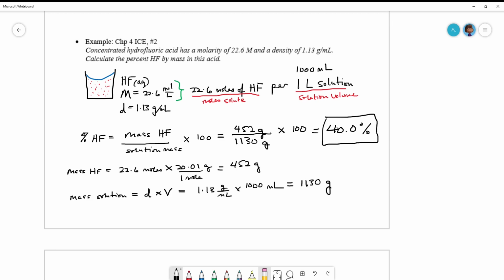So really it was about understanding how to think about that molarity concentration as a ratio and what ratio it was telling us before we could pull out the information we needed to get the percentage of HF in this solution. Okay, let's move on to the next problem.